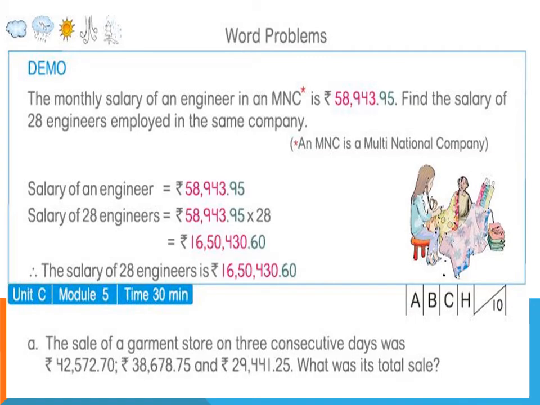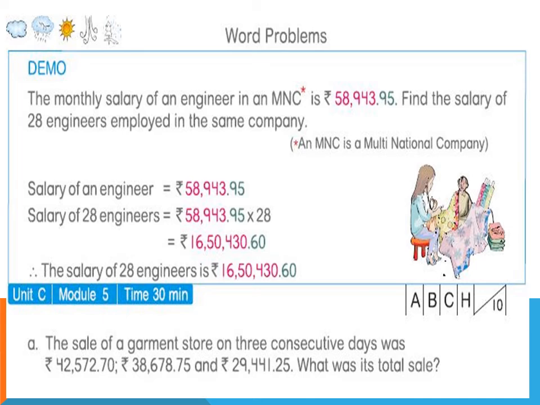Now, let's discuss some word problems. Look at the demo. The monthly salary of an engineer in an MNC, which means multinational company, is rupees 58,943.95. Find the salary of 28 engineers employed in the same company. So, simply multiply it.